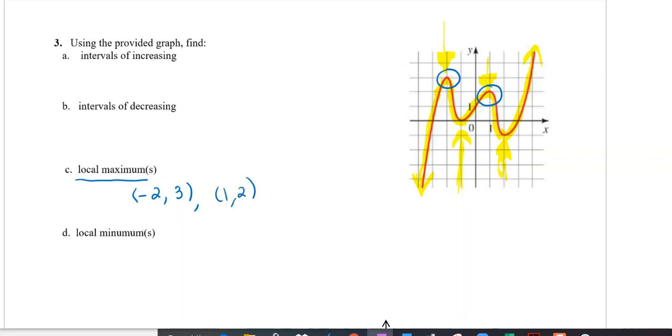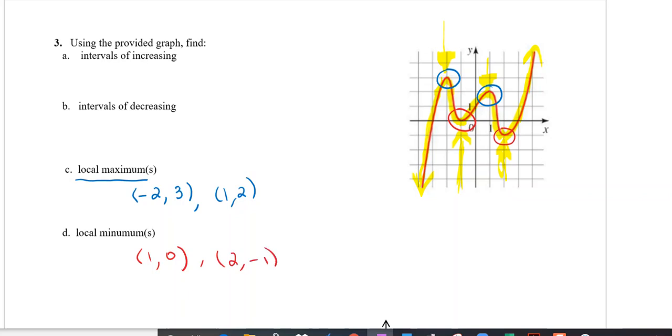And that's it. Those are the only peaks in our graph. And then similarly, we have the valleys, the dips in our graph. There's one right there. That looks like the coordinates of that would be 1, 0. That's a local minimum. And then another one right there, which looks like it's at 2, -1.